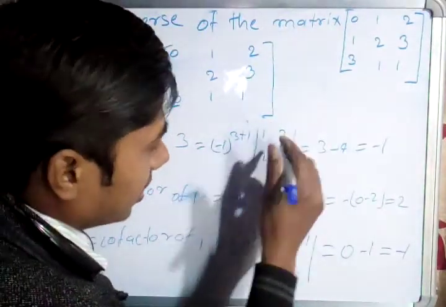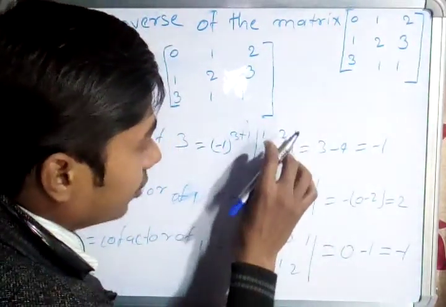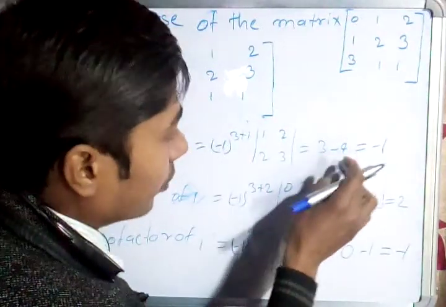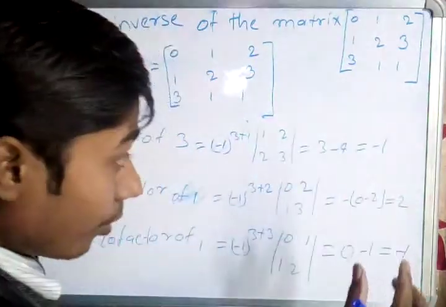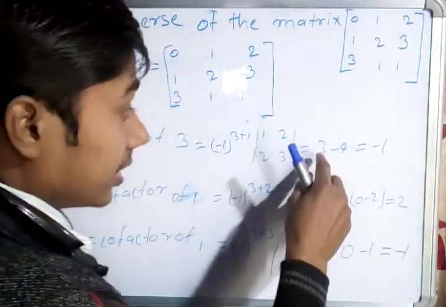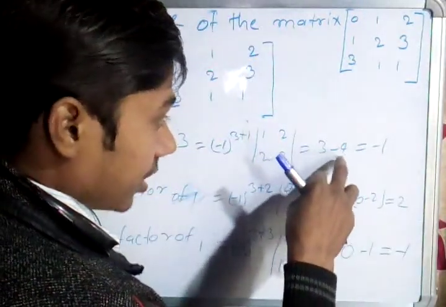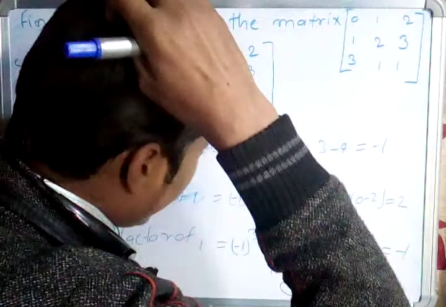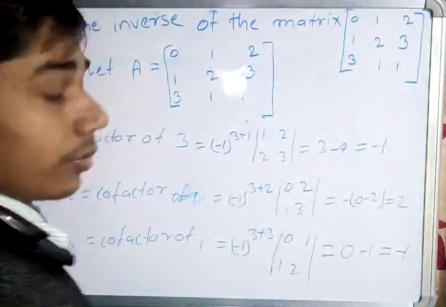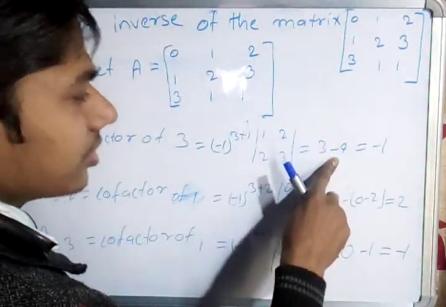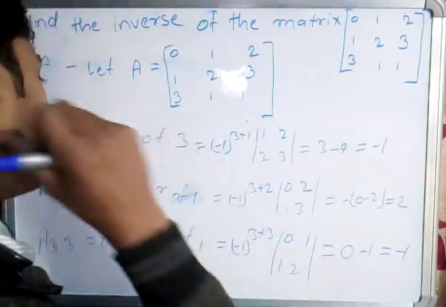Cross multiplication: 3 times 1 is 3 and 2 times 2 is 4, so 3 minus 4, because 4 is greater than 3, we get minus 1, and the sign is plus, so minus 1.